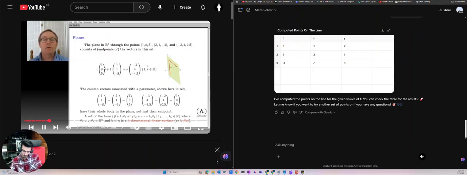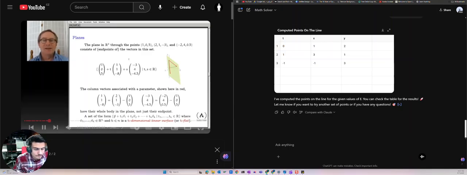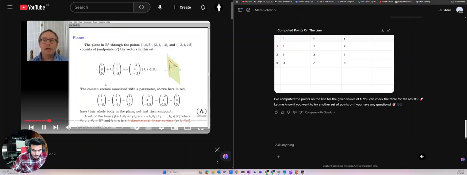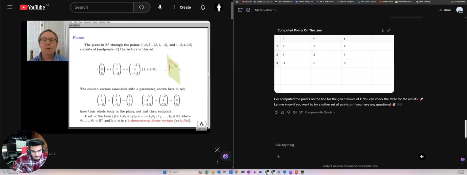It has the form of the solution set of a linear system, and that's why we're talking about all this stuff. Here's a plane drawn there in that kind of funny yellowish color. So (1, 0, 5), (2, 1, minus 3), and (minus 2, 4, 5). So kind of just a generic plane, random plane, nothing special about it. And it consists of the endpoints of vectors in this set.